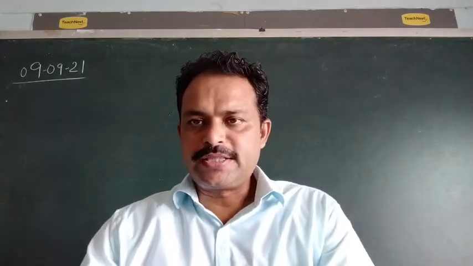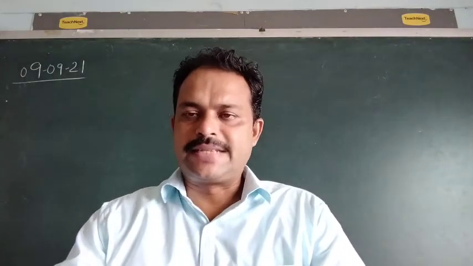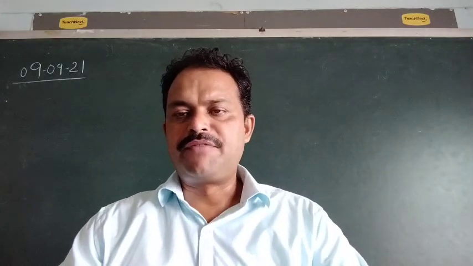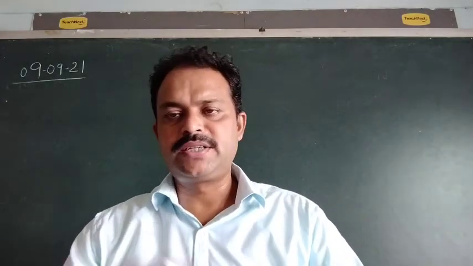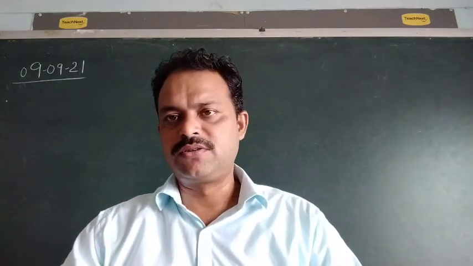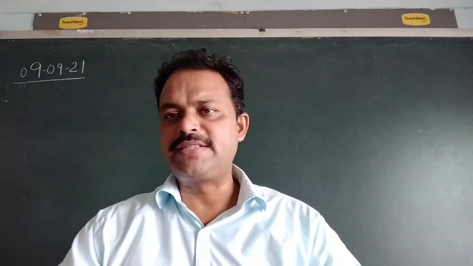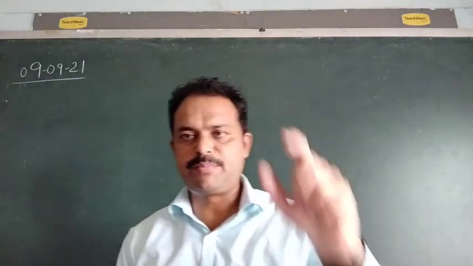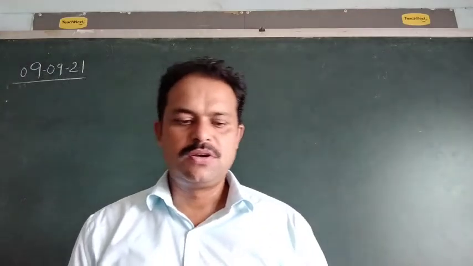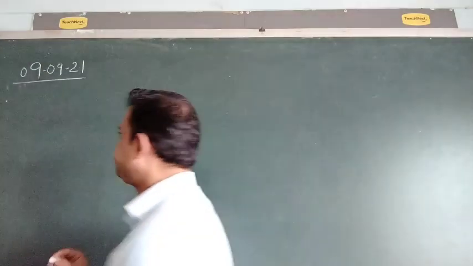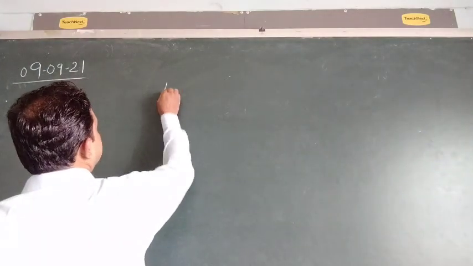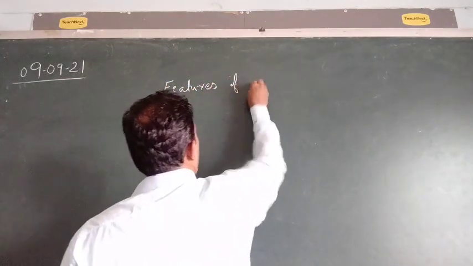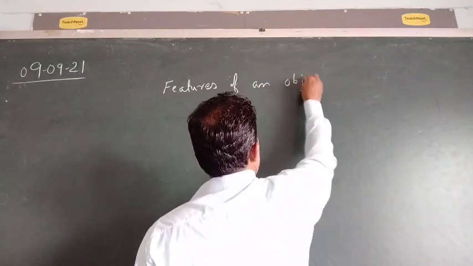Now let us continue our discussion. Last time I stopped after discussing what we mean by class and what we mean by object. Now we have certain features of an object, so our next topic is the features of an object. Let me write it down. Last time I gave the points also.